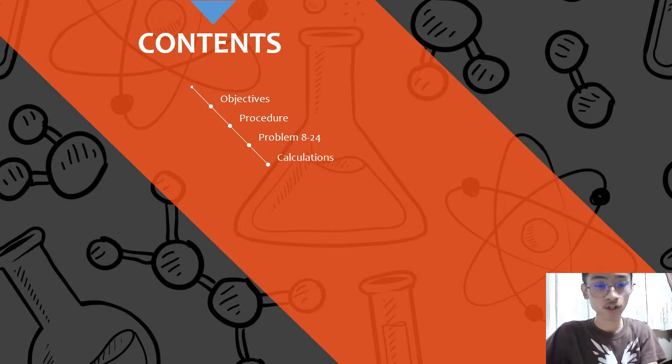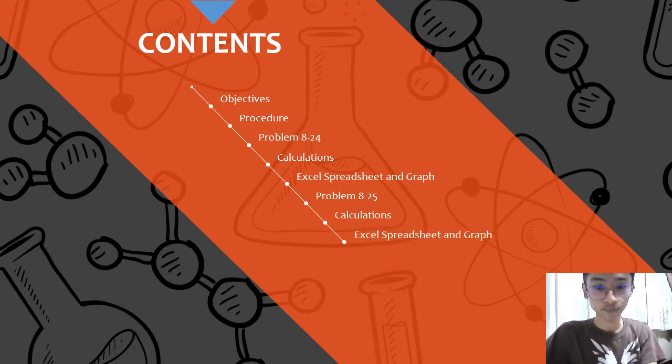Next would be the calculations for the first problem, the Excel spreadsheet and graph for the first problem. The next problem, calculations for the second problem, Excel spreadsheet and graph for the second problem, the results and analysis of both problems, and finally our conclusions. Conclusion: if we are able to meet the objectives.